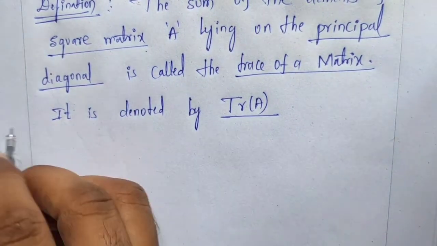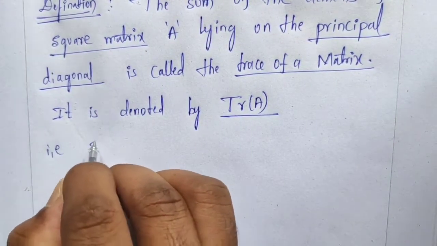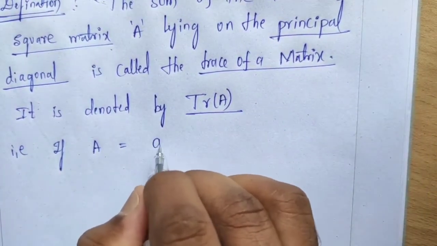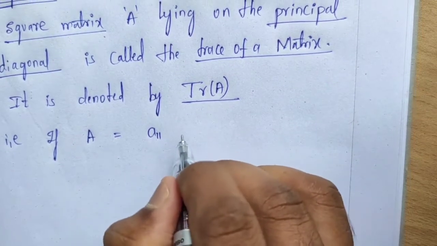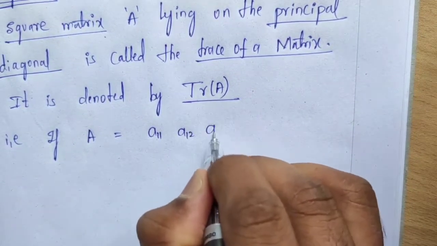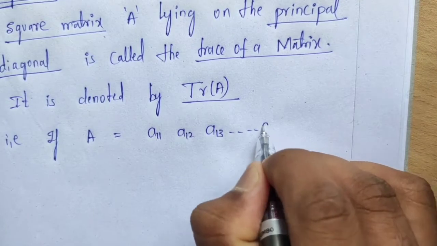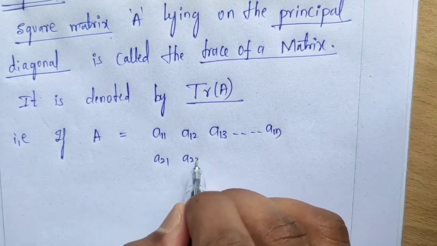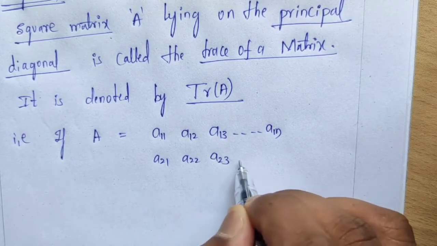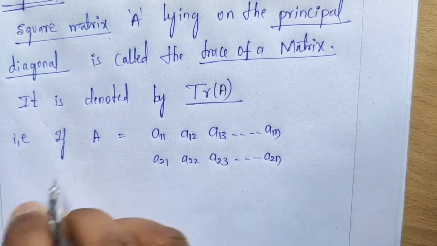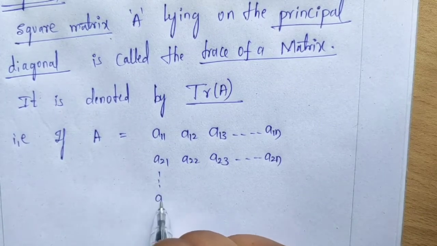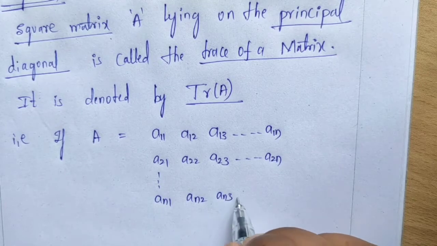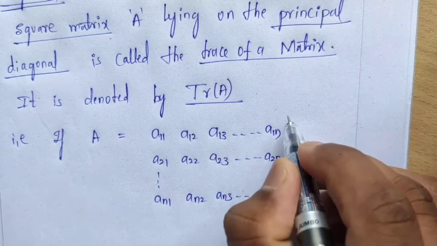That is, if A equals A11, A12, A13 and so on up to A1n, A21, A22, A23 and so on up to A2n, and so on, An1, An2, An3 and so on up to Ann.